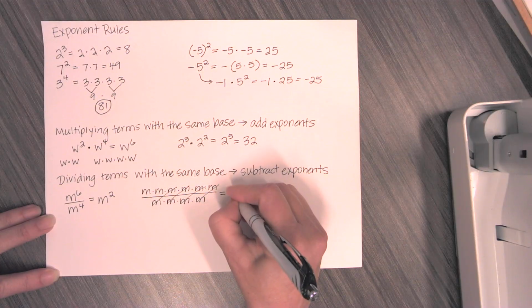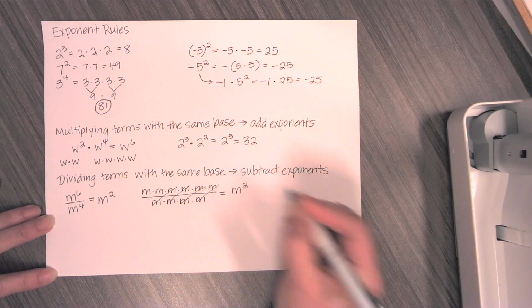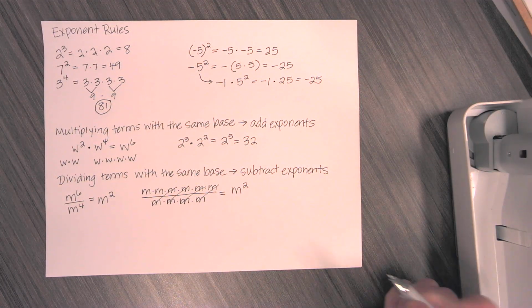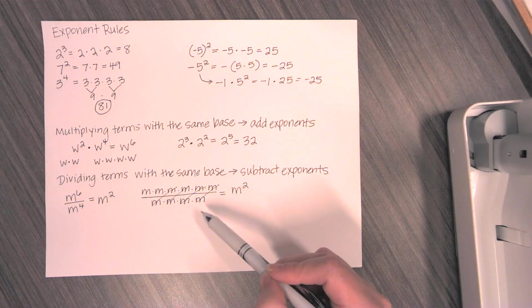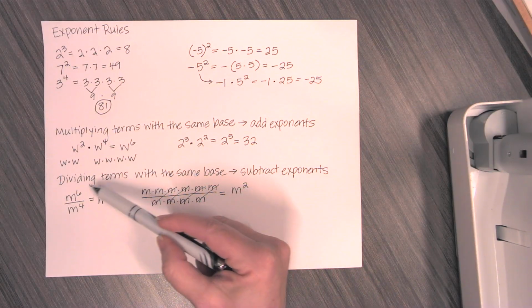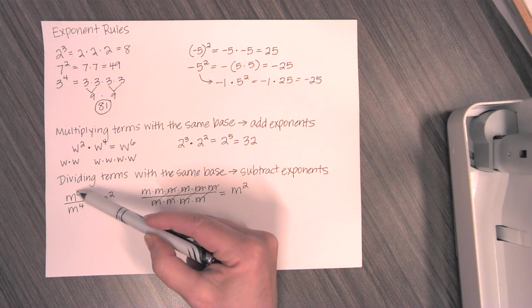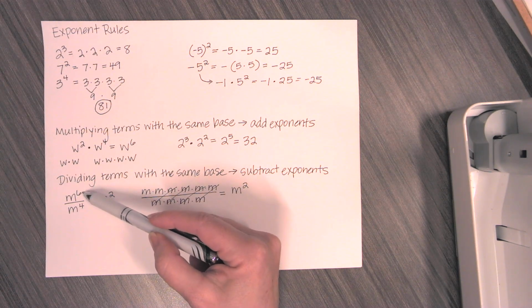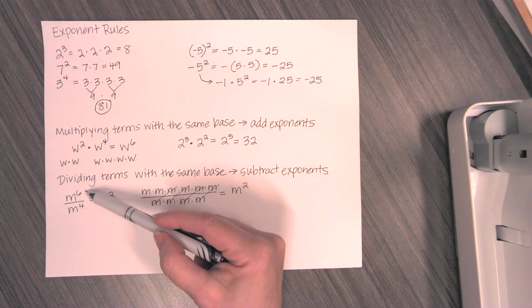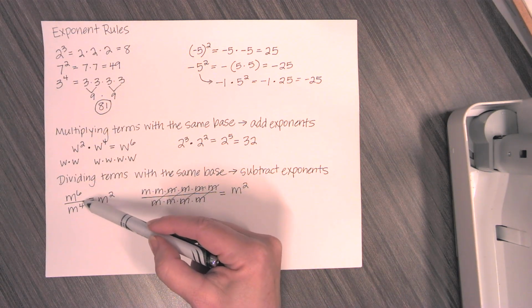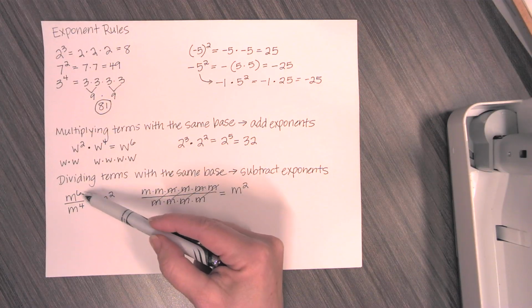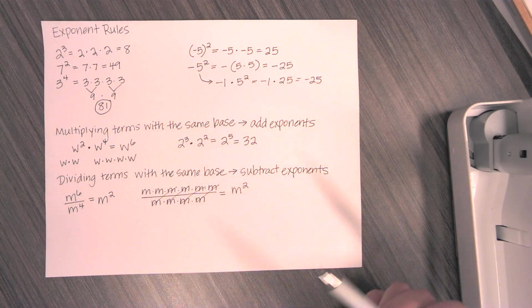And what are we left with? We're left with m times m on the top, which is m squared. But again, we don't want to have to write this out every time. And so we've realized that when you're dividing, the quick way to get the answer is to subtract. If you have 6 m's on the top and 4 of them are going to cancel, 6 minus 4 is 2.